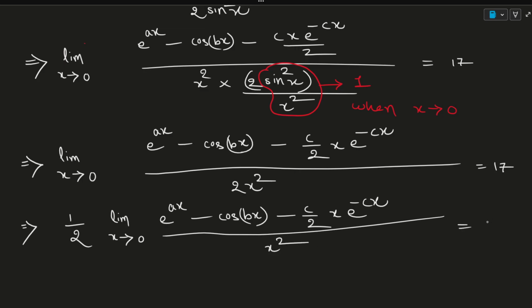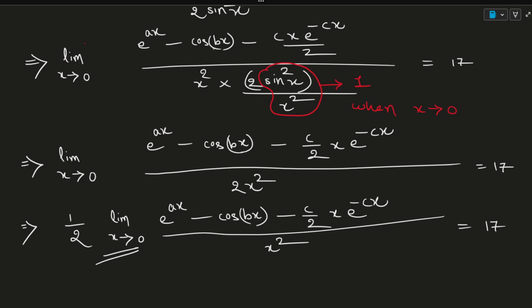So again we will put 0 in the function, and you can observe clearly that when x tends to 0, this function reduces to 0 by 0 form again. So now I will apply L'Hospital rule here.